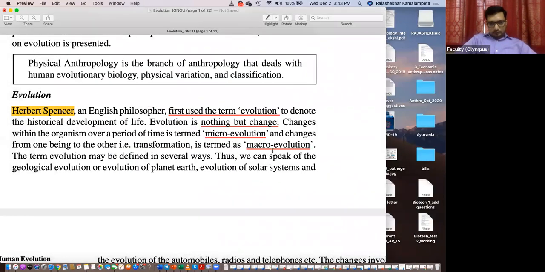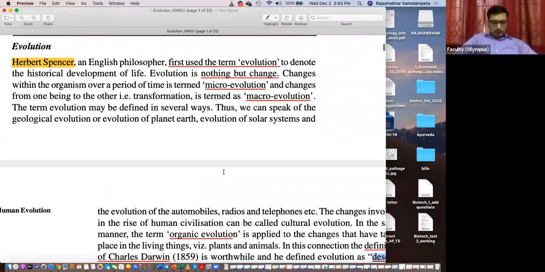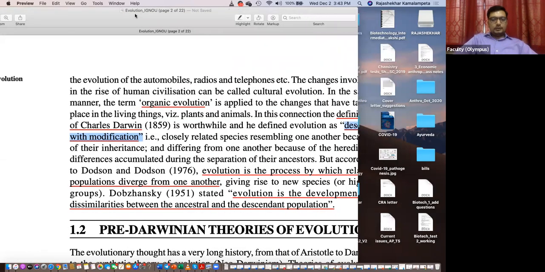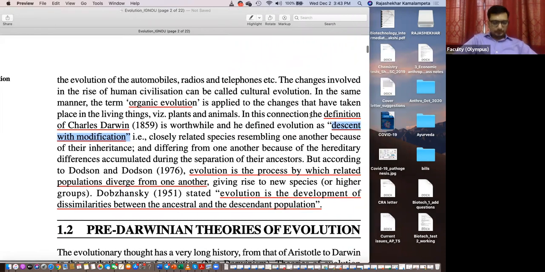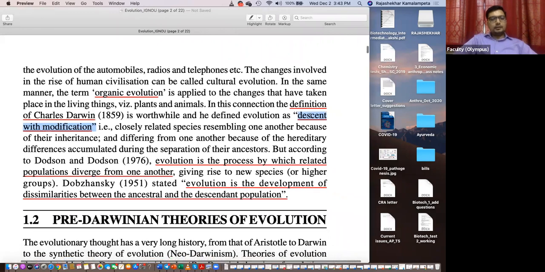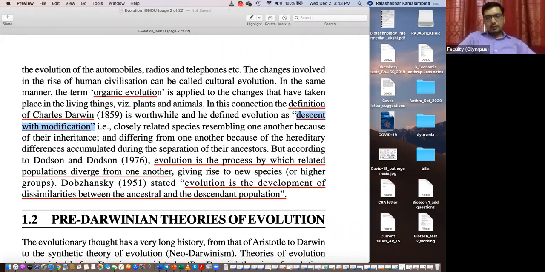Right. So there are a few more definitions that you notice here. Look at how differently they have talked about the same concept. Dobzhansky, he's also a geneticist. He worked on Drosophila to understand more about the molecular mechanism behind evolution.